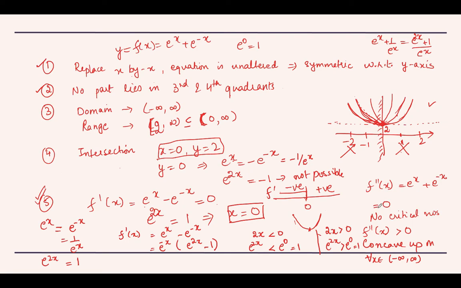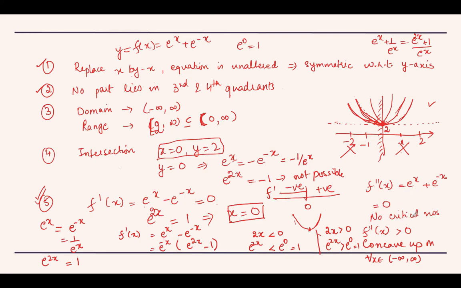Further, when we move to the second derivative, we can see the expression is e to the power x plus e to the power minus x, and when we equate this to 0, as we had earlier seen when we calculated the point of intersection, this gives us no value of x, because this can never become 0 given that exponential functions are always strictly positive.